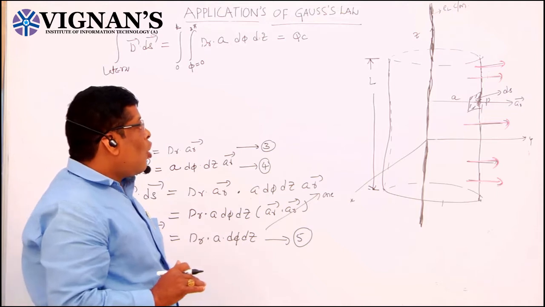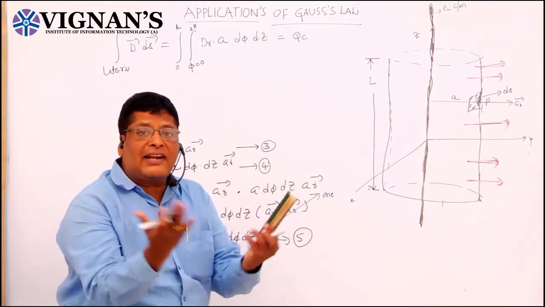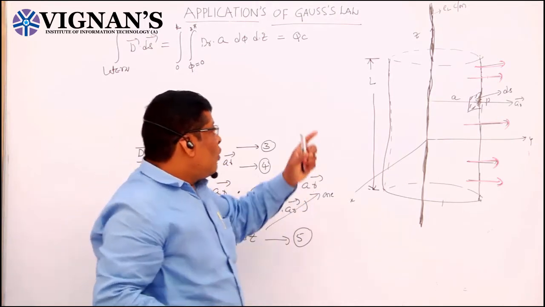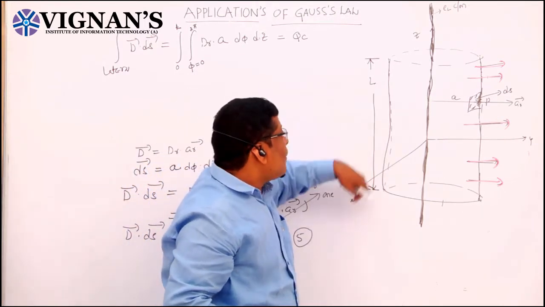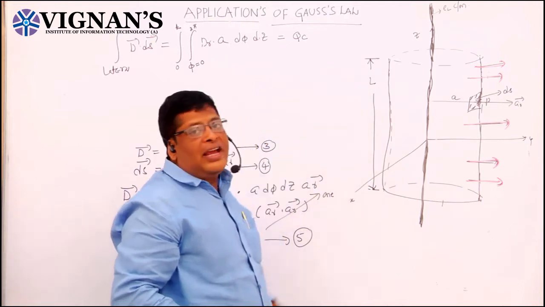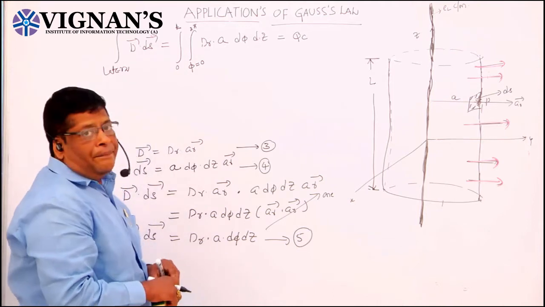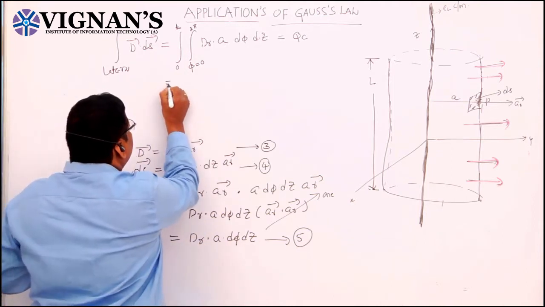So to find how much flux is leaving from the lateral surface, we have to integrate up to the length of the cylinder. In this case, we have taken the length of the cylinder as L. That's why the variable for z is 0 to L. Now we have to complete this integration.